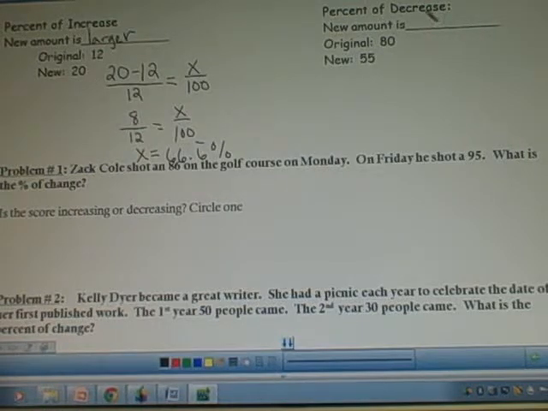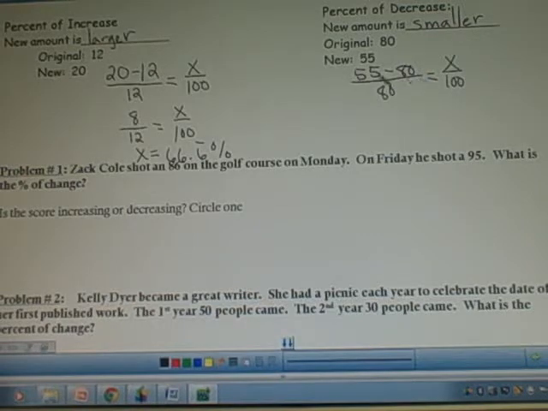The percent decrease, we do the math the same way. The only difference is, as you can see, the original number is larger than the new number. So the new amount is smaller. We've gone down. We still do the new number, 55, minus the original, 80, all over the original, and we've got x over 100.